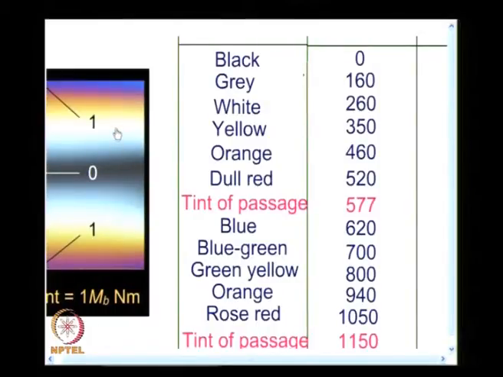So, I see this color sequence here, which is labeled, and I have what is known as tint of passage, where there is a change between dull red to blue for the fringe order 1.